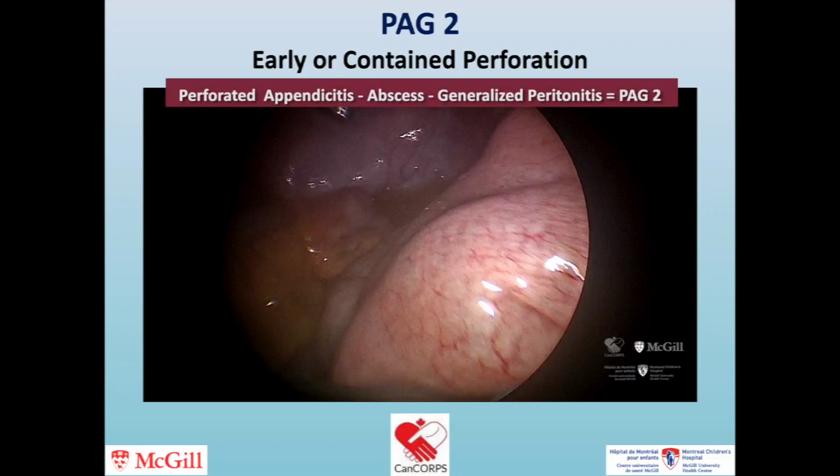Therefore, this is a perforated appendix without abscess or generalized peritonitis, assigned a PAG 2.